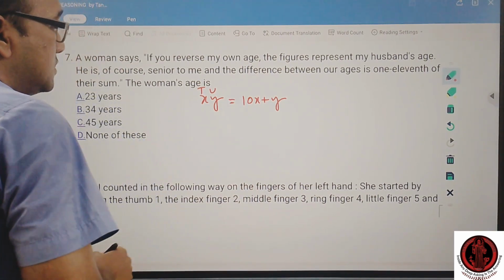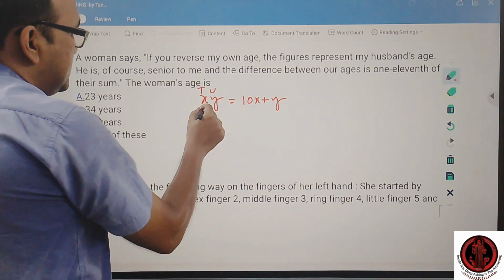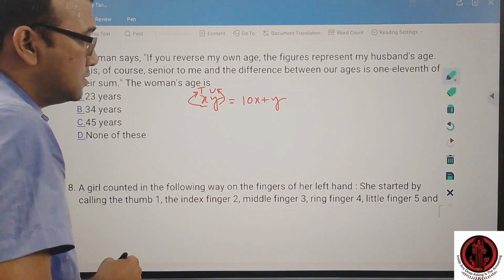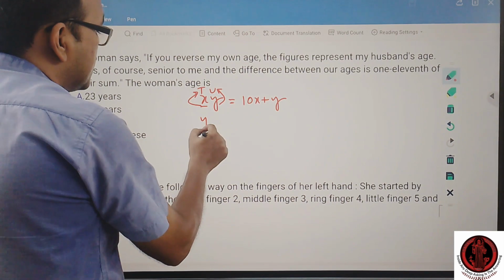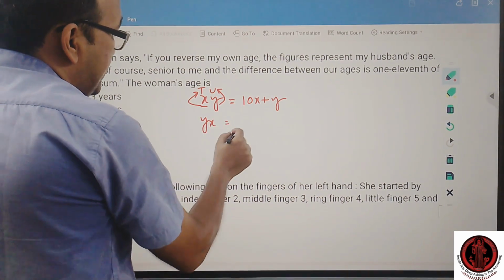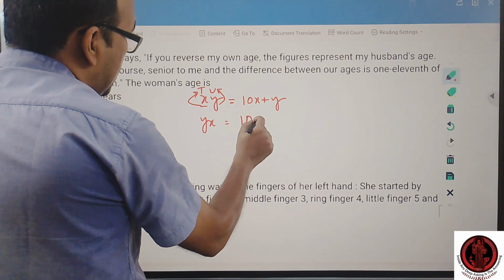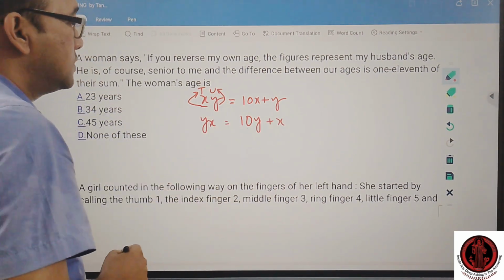So the age of the woman is 10x plus y, where x is in the tens place and y is in the units place. Now if this age is reversed, so yx. Now y is in the tens place, so 10y, x is in the units place, so plus x.